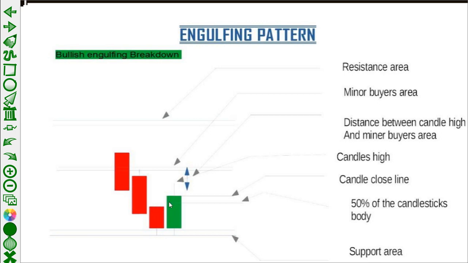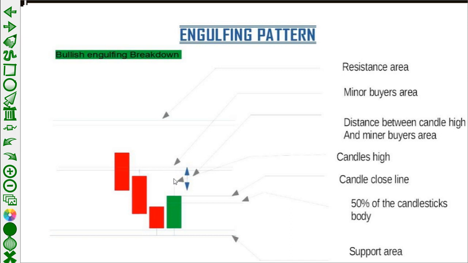But the most important rule here is that the green candle should close above the 50% line of the body, and the wick percentage should not be more than 30%, and there should be distance between the minor buyers area and the close of the candle.